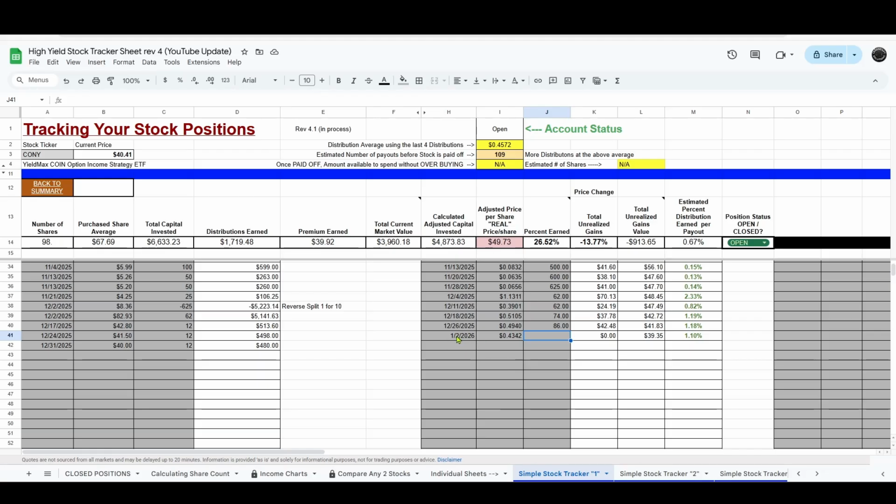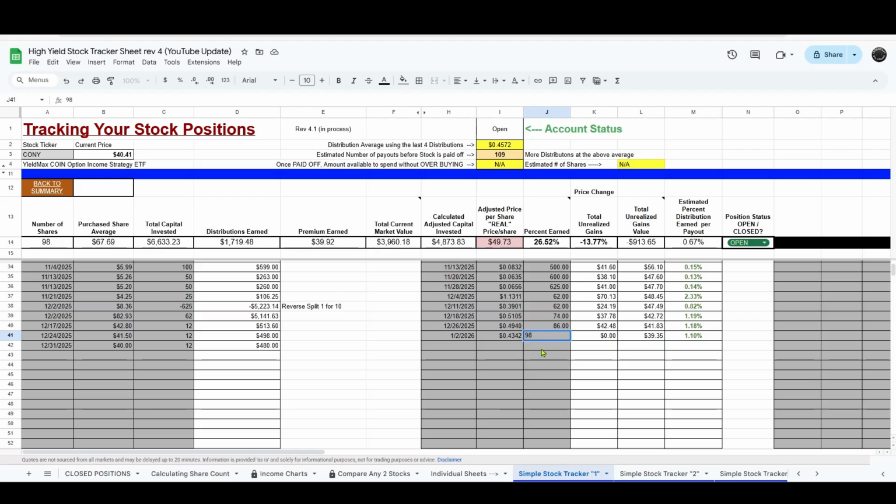If it's not before this date, or if it's on this date, I cannot account for those shares. So that distribution X date is January the 2nd. And since my last purchase was December the 31st, I can't account for all 98 shares. So I can enter in 98 right here.